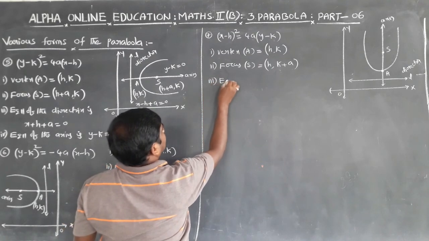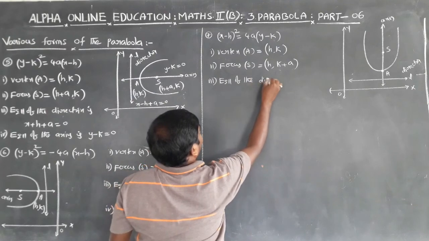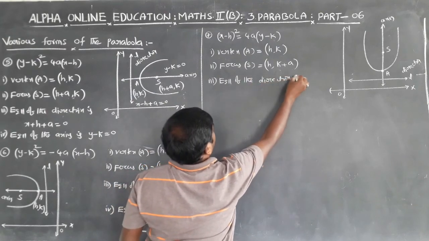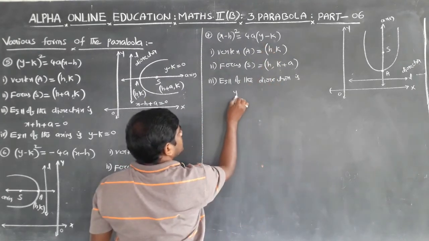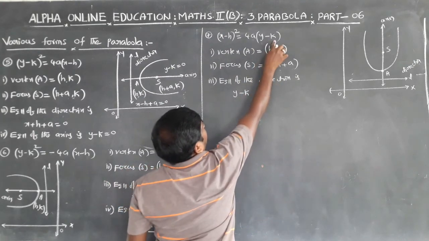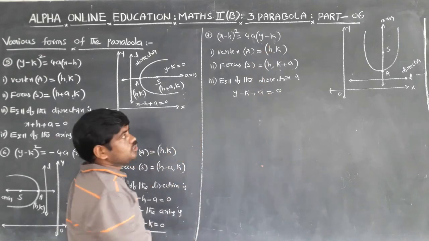Third one is the equation of the directrix. Equation of the directrix is y minus k plus a is equal to 0.